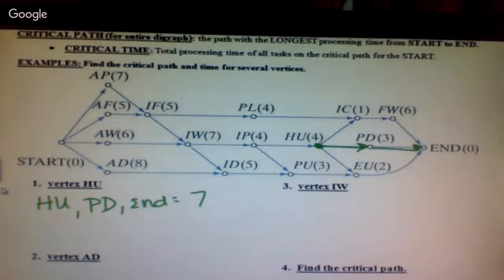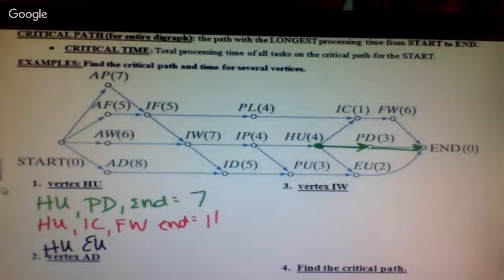What's another way I can go from HU? I see. HU to IC to FW to the end. So HU was 4, plus 1 is 5, plus 6 is 11. Give me another way I can go from HU to the end. HU to EU to the end.